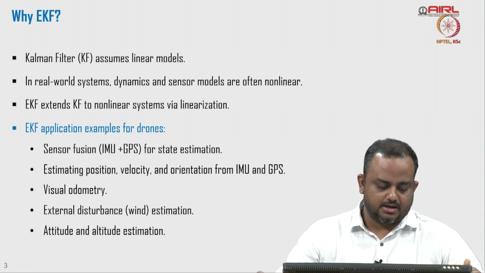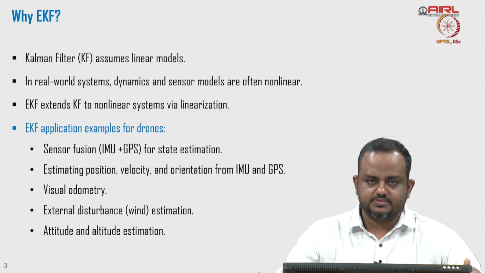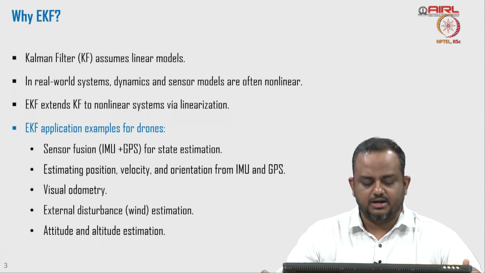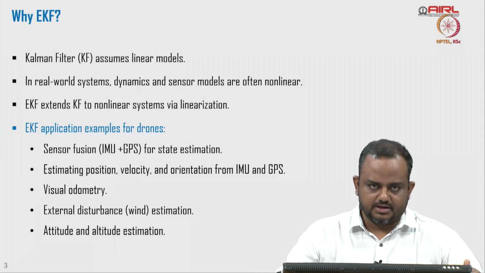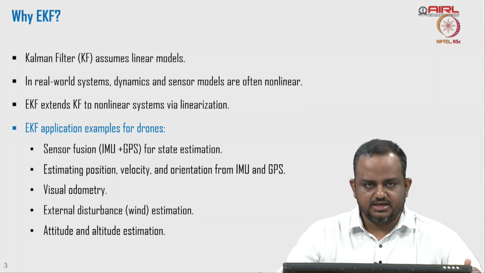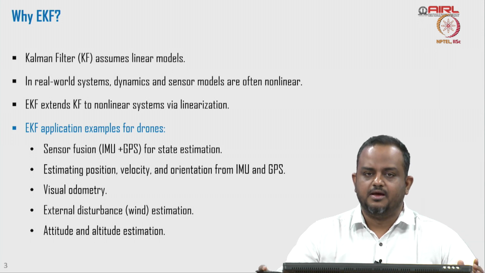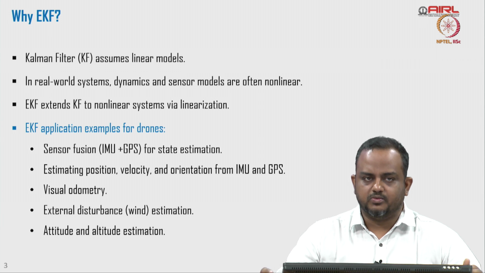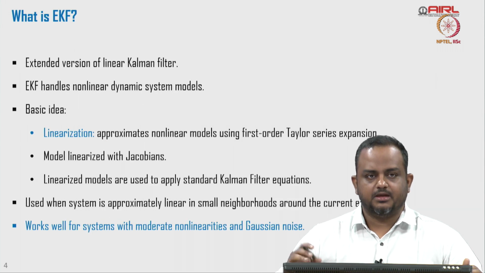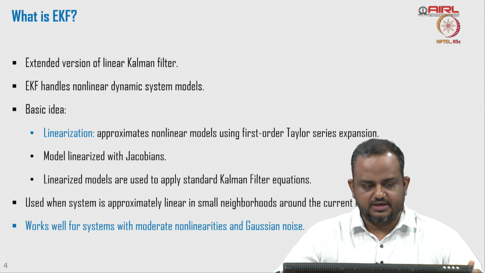And for drones specifically, estimating the attitude and altitude can also be done by extended Kalman filter, which is very useful. So, extended Kalman filter has lots of applications in drone systems and drone control, and with that we will try to understand more about EKF.